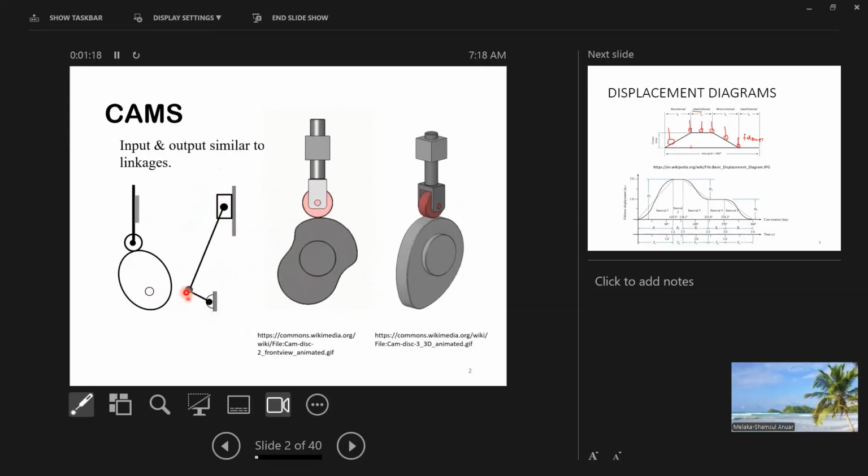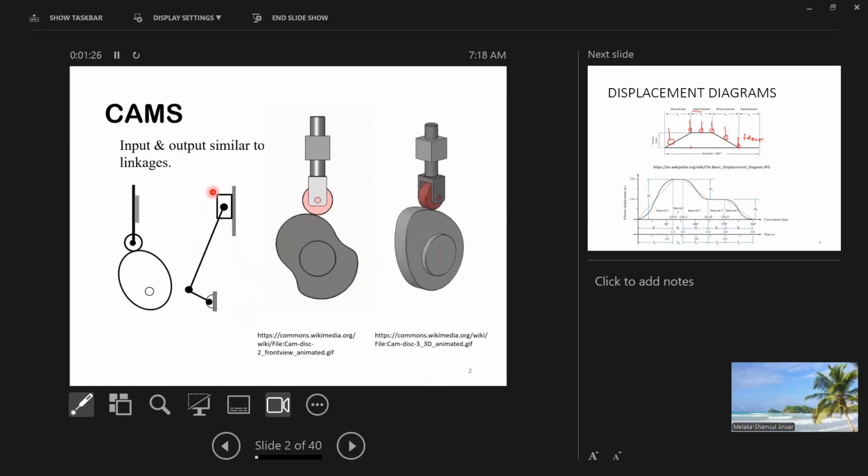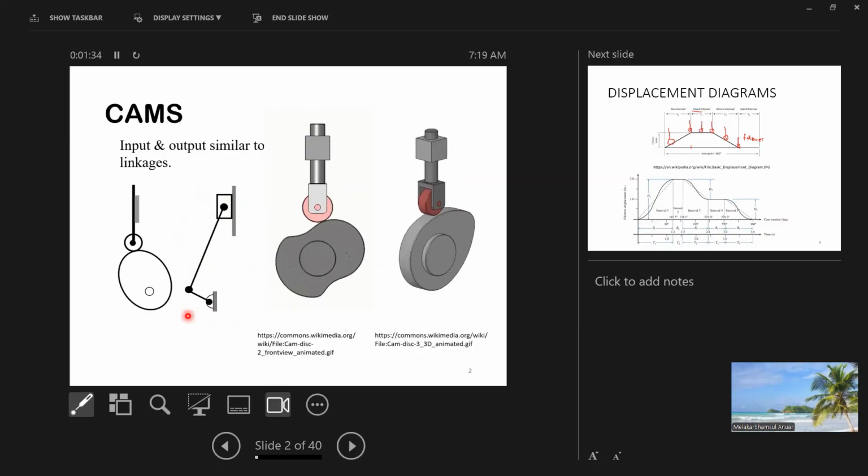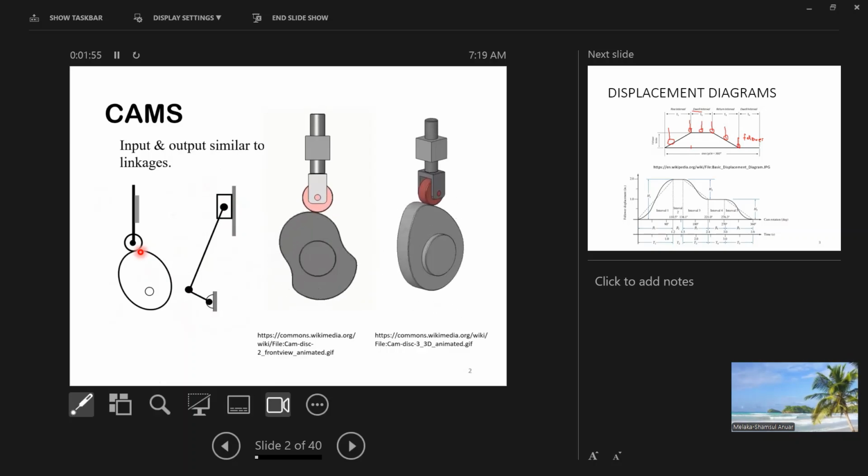Slider crank is the basic linkage mechanism, and you always want to try to solve the problem using slider crank first, because linkage type is the cheapest solution, whereas cams and followers will be the most expensive one, if you talk about cost of designing and things like that.